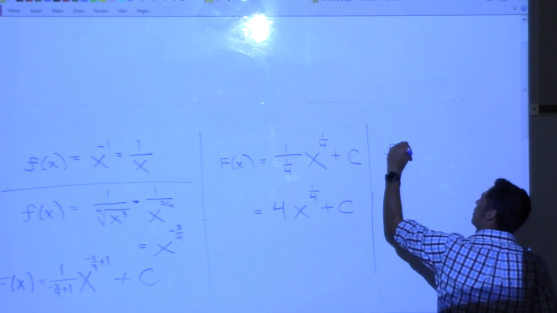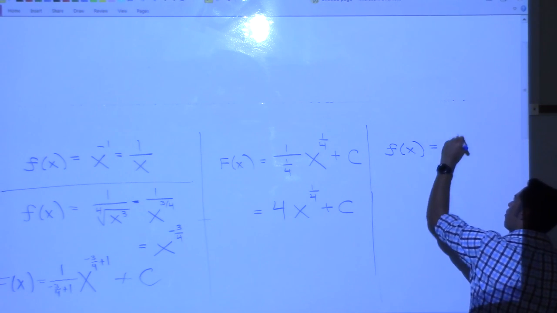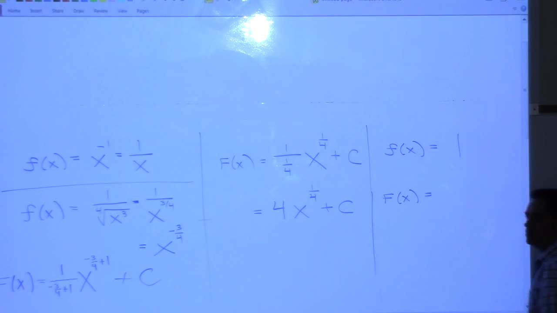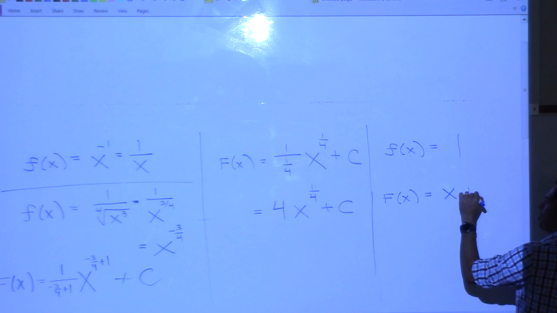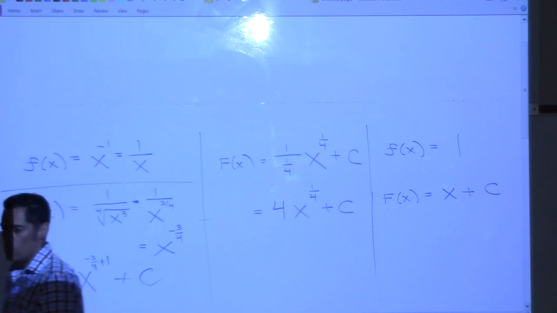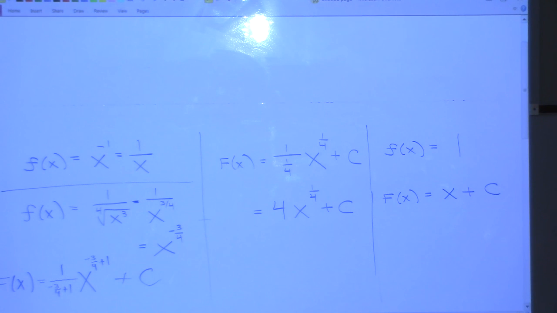Little f of x is equal to 1. What's capital F of x? Just x plus c. Right? Because what's the derivative of x? 1. The derivative of x is 1.